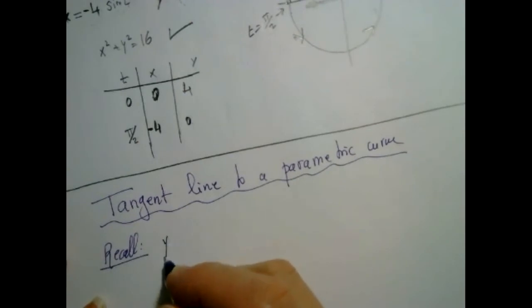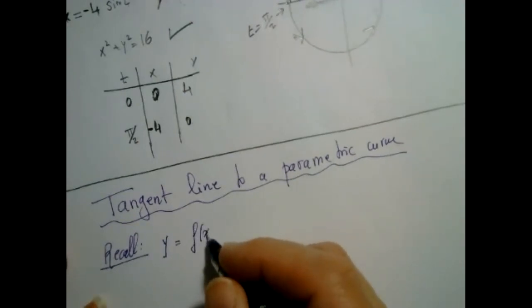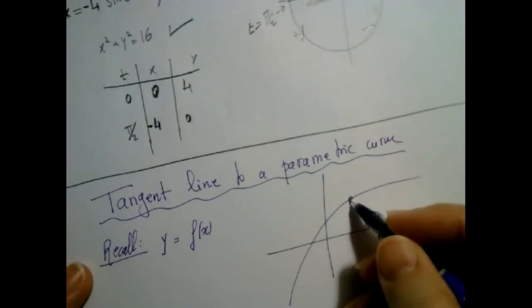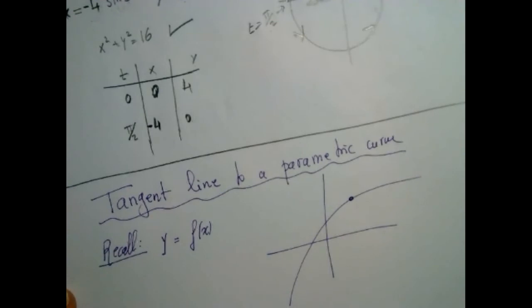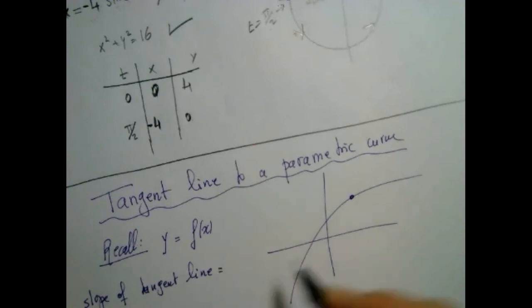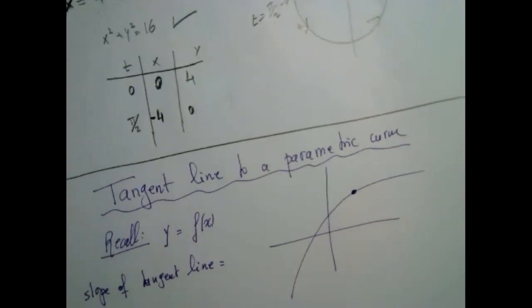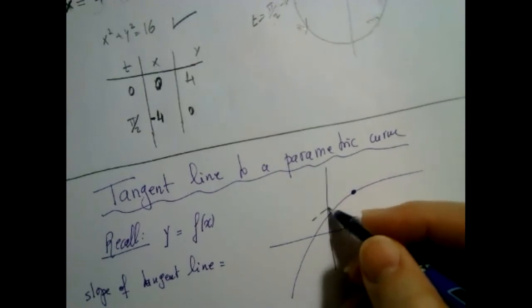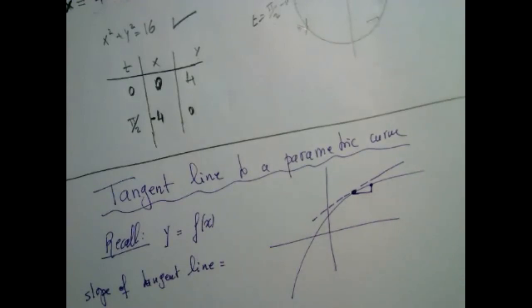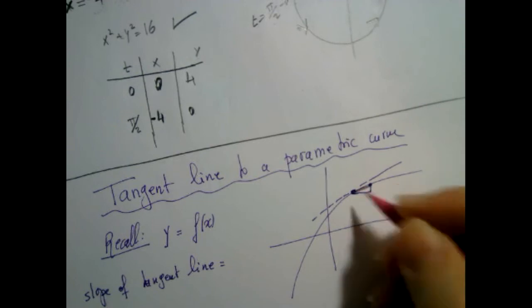If y is a function of x, so I have the simple scenario where y is a function of x, so I have a graph, then the slope of the tangent line at a specific point, if I take a fixed point, what's the slope? If you remember, to find the slope of this tangent line, we took a point nearby and found the slope between the two points.